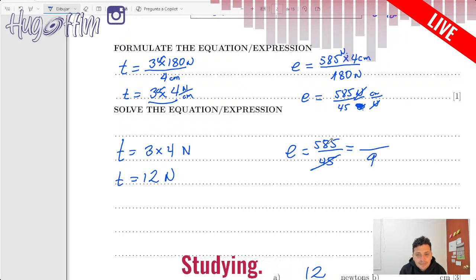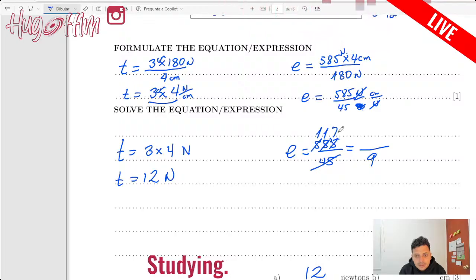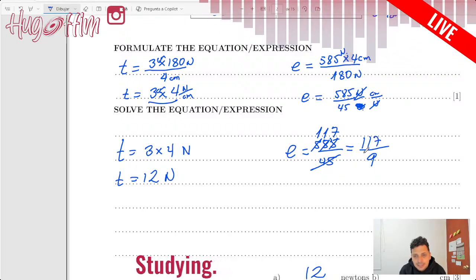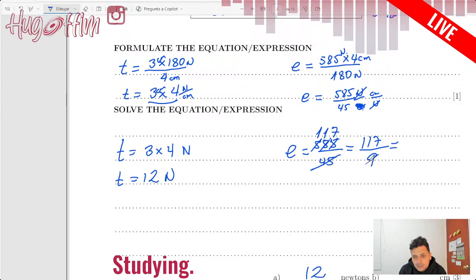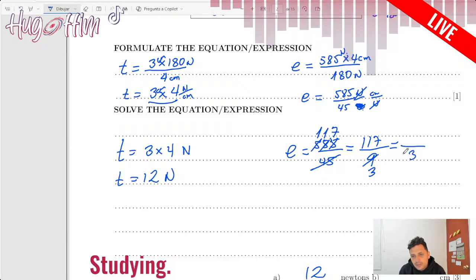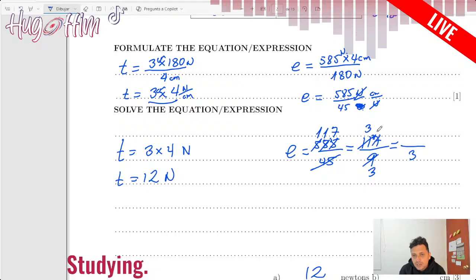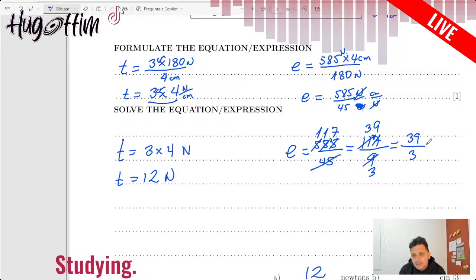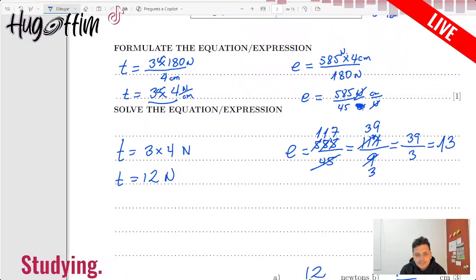If I divide 585 by 5, it's going to give me 117. 117 divided by 9, and I'm going to divide by 3. So by 3 and by 3. By 3 is going to give me 39 over 3, and 39 divided by 3 is 13. So it's going to give me 13 centimeters.